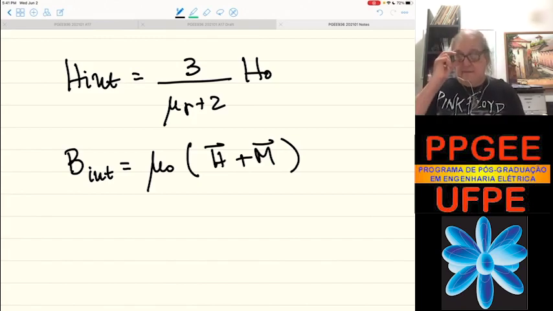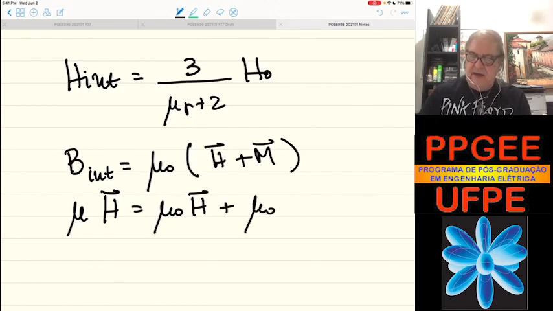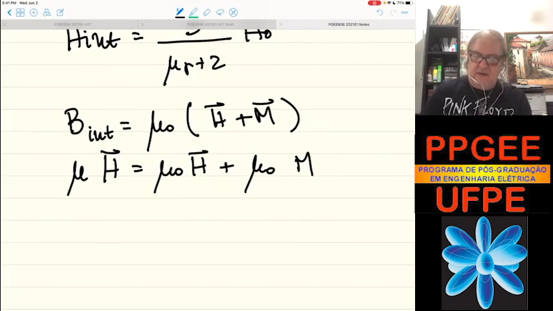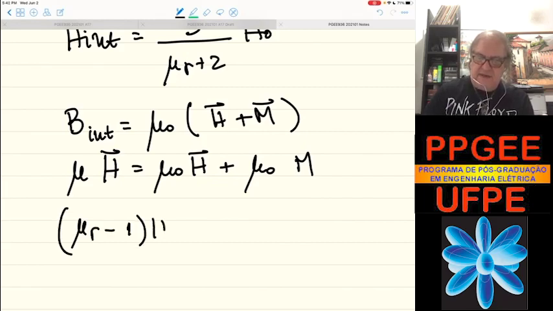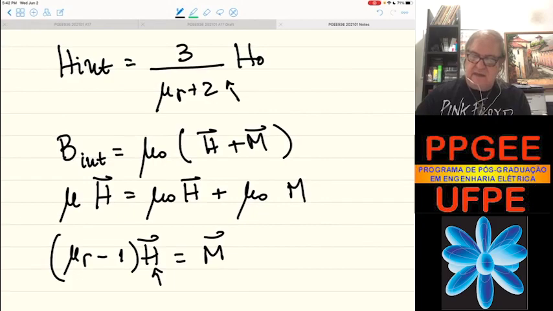That's inside. But internal B equals mu times H, which equals mu 0 H plus mu 0 M. So I can divide by mu 0, and we have mu relative minus 1 times H equals M. But H is the internal field, which is this thing here.